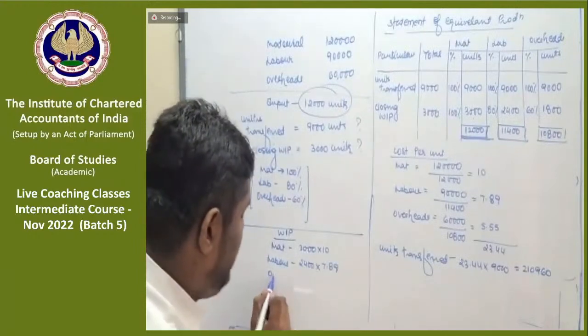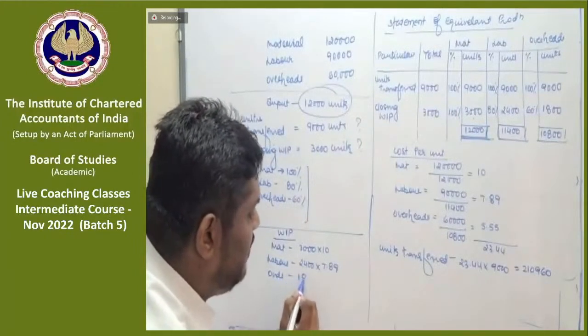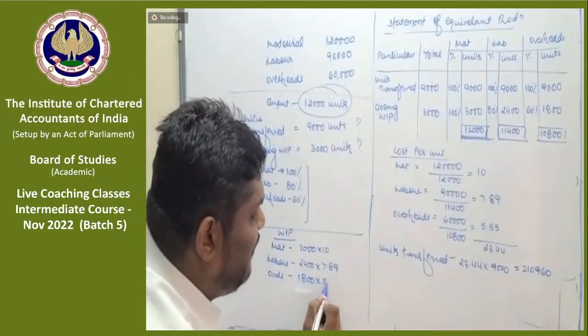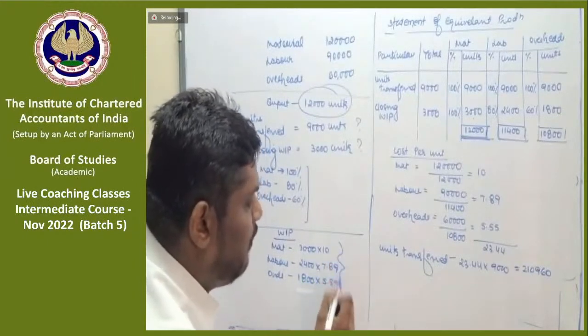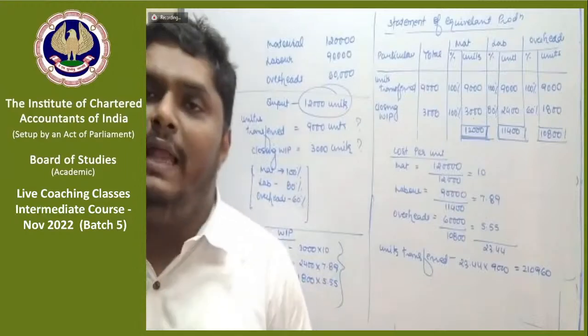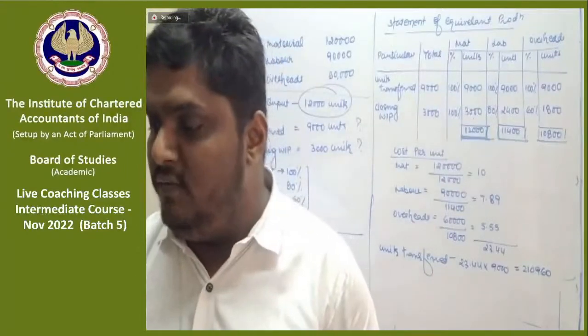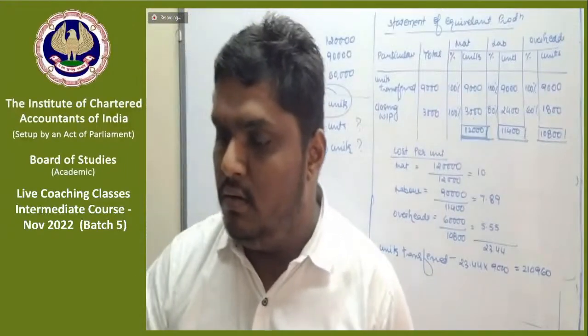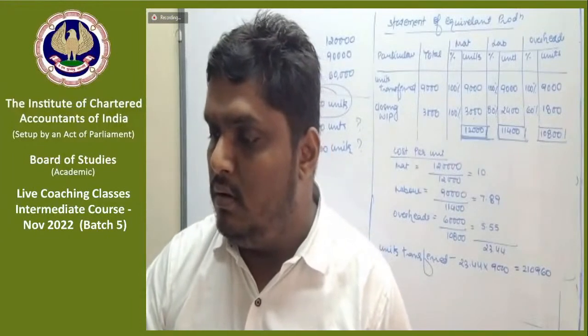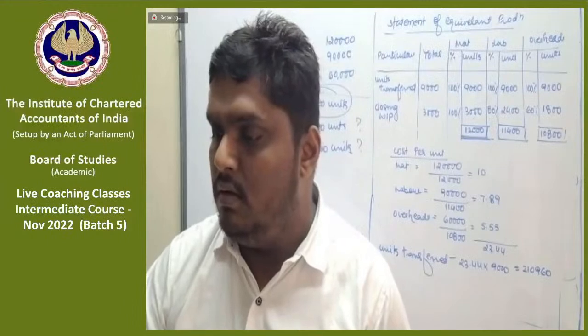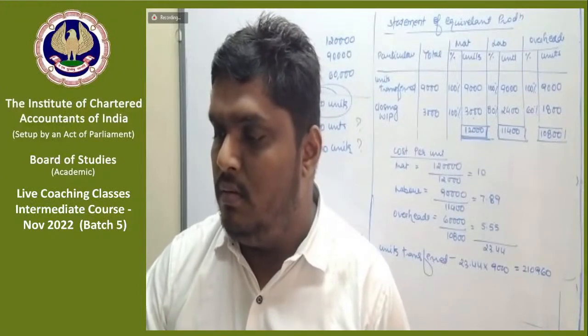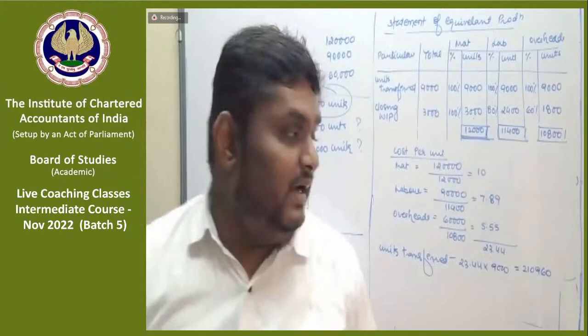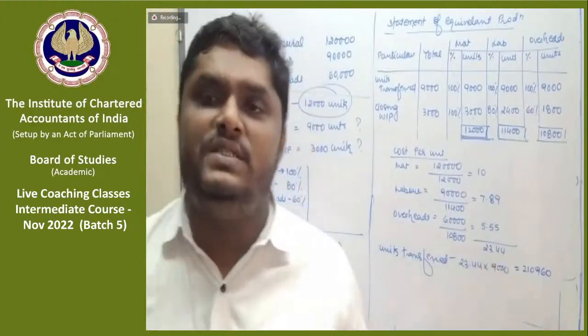And overheads equivalent number of units is 1,800 into 5.55. So this will be the total value of work in progress, that is closing work in progress. It is 9,000 only. I've written it by mistake.